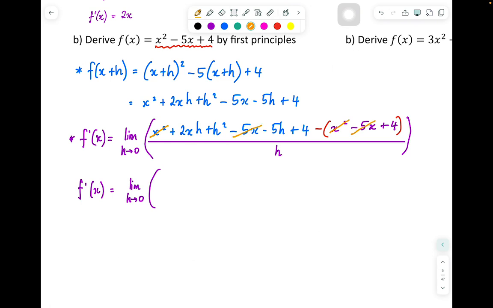Minus 5x cancels out with minus 5x. Plus 4 cancels out with plus 4.